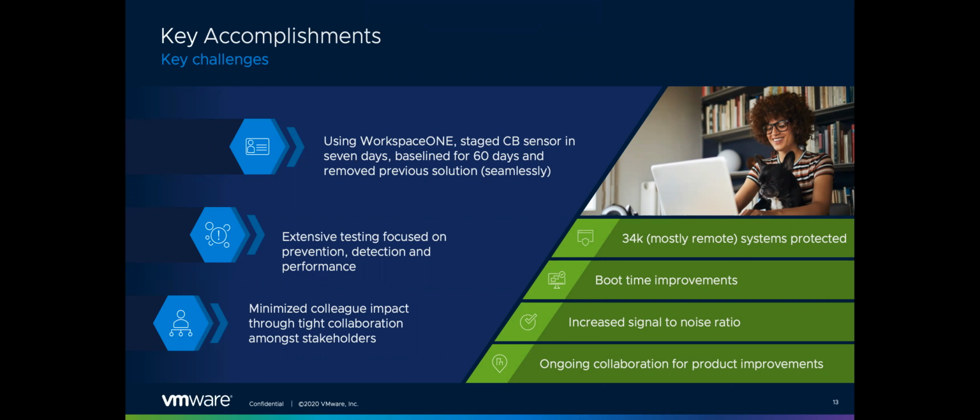And then we have a luxury, we have ongoing engagements with the Carbon Black product team, letting them know that this is how we operationalize it. This is what else we'd like to see in the product. Here's some opportunities out there. So we have very tight collaboration with the Carbon Black product team in regards to looking at some opportunities out there.